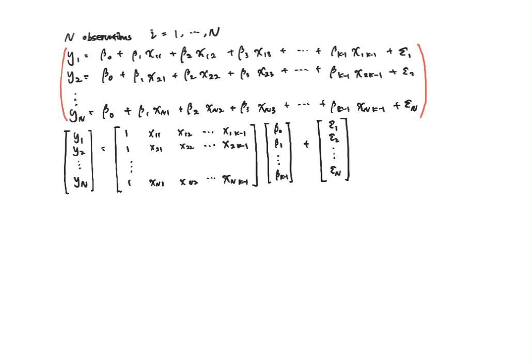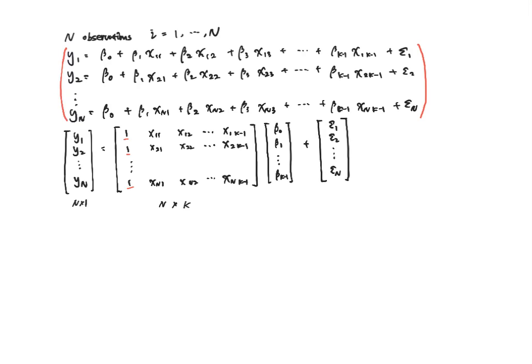Let's check the dimensions. This is an n by 1 vector, and this is an n by k matrix. It's quite interesting that the first column of this matrix is always a vector of ones.